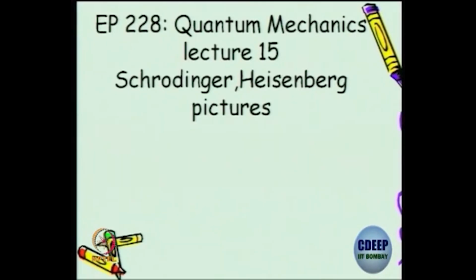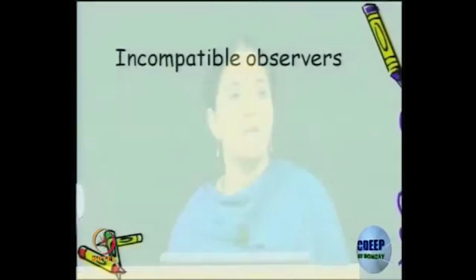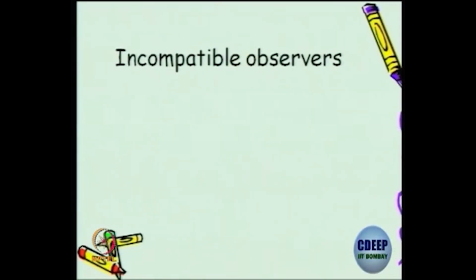Before I get on to this, I thought I should complete what we said in the last lecture about incompatible observables, okay, not observers. So incompatible observables are two linear operators, Hermitian operators, whose commutator bracket will be zero or non-zero?